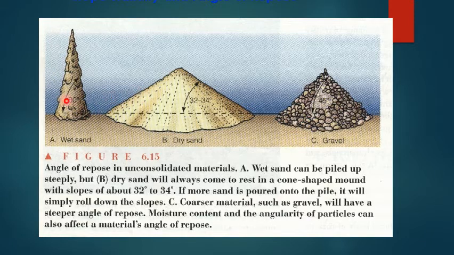This is moist sand, this is dry sand. In C, coarse material such as gravel will have a steeper angle of repose than dry sand. In these two cases, both are dry. Moisture content and the angularity of particles can also affect a material's angle of repose.